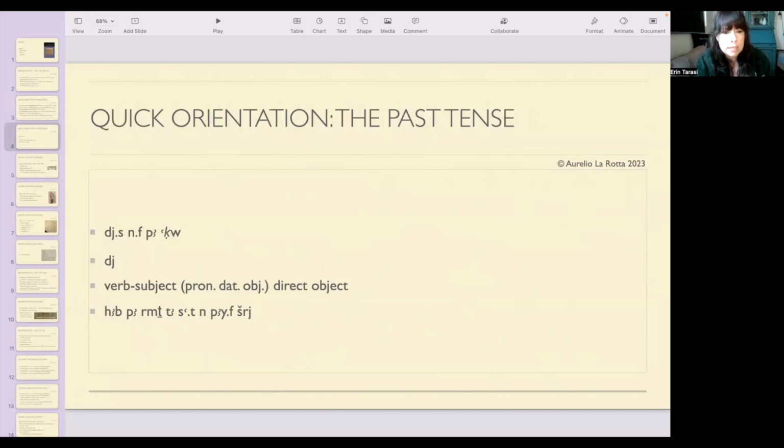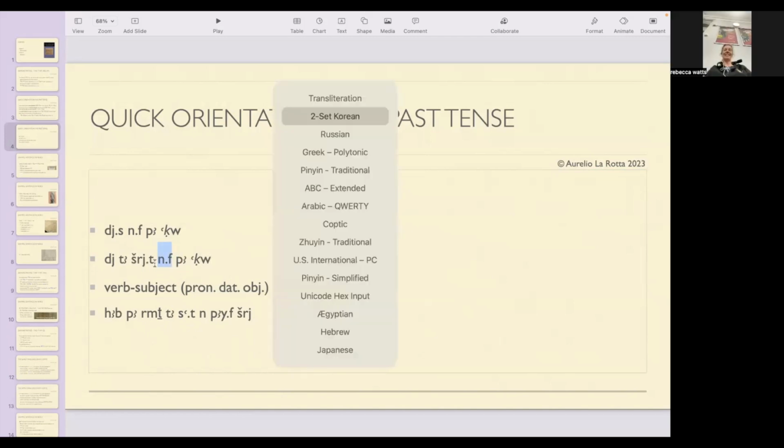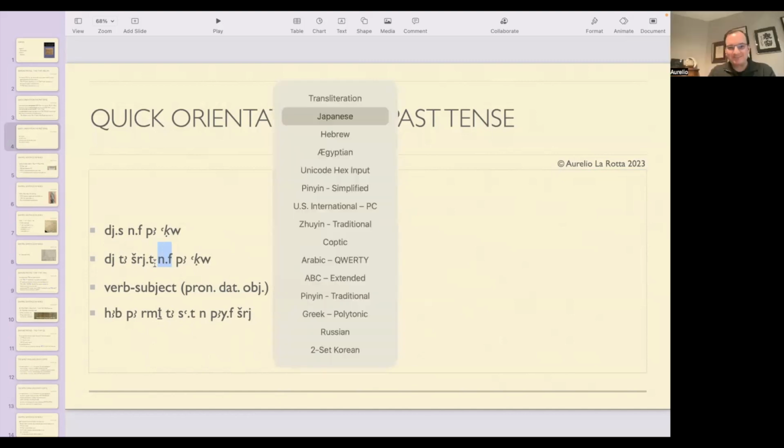The girl, di ta sherit, nef ha'aku. Now, are you sure about where the nef goes? No, I'm not. I think I flip-flopped that. I think it goes to the beginning. Di nef ta sherit ha'aku. That's right. I'm pretty sure that's what it is.